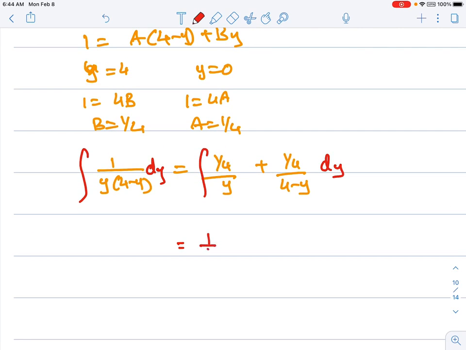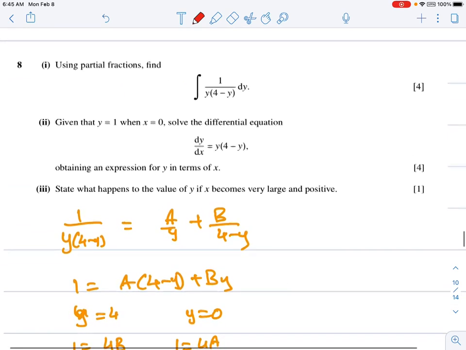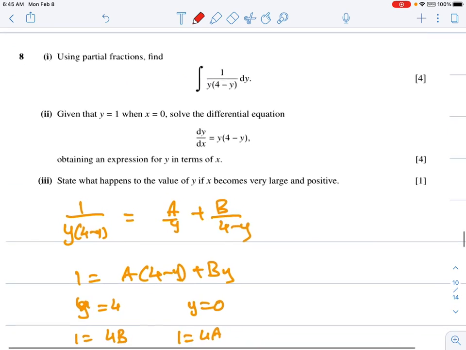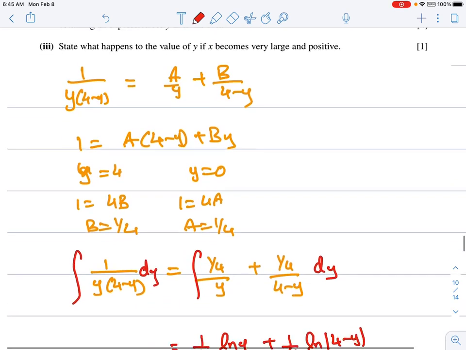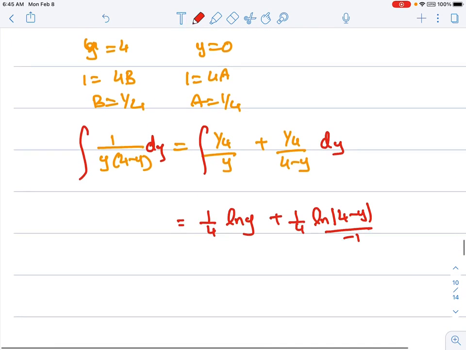So it becomes 1 upon 4 ln y minus 1 upon 4 ln (4 minus y), don't forget to divide by minus 1, plus c. Don't forget to write plus c. That's going to be the answer.